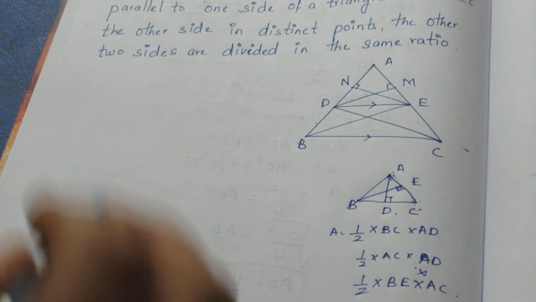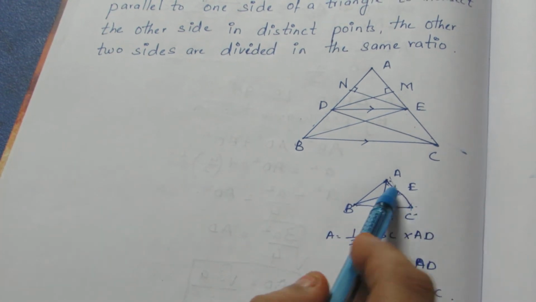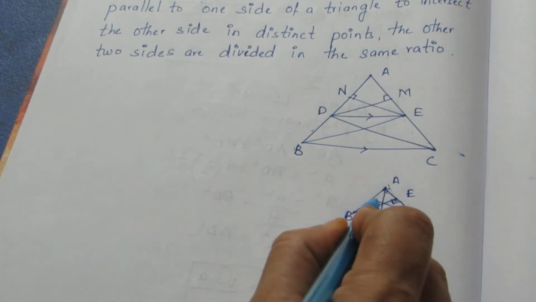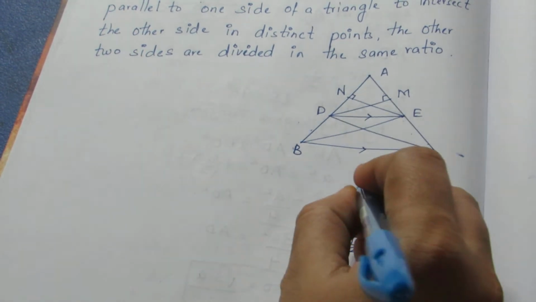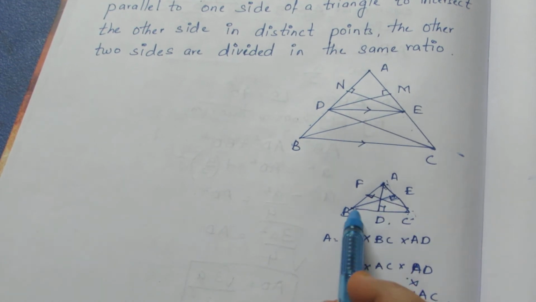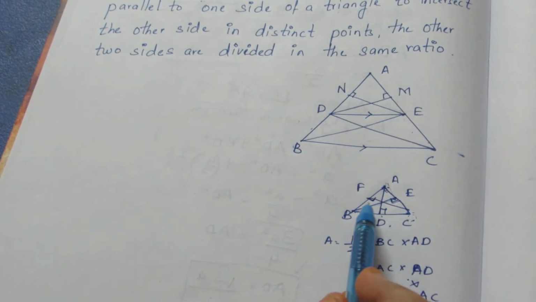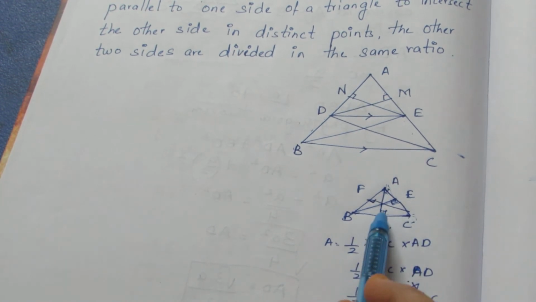So the area of this triangle can be written in three ways. If I take this to be F, my area can be half into base into this side. I can't take this side with BE. Where you take the base, the line should be at 90 degrees.